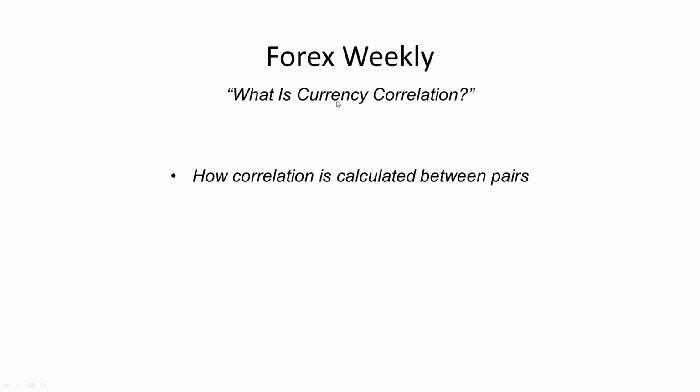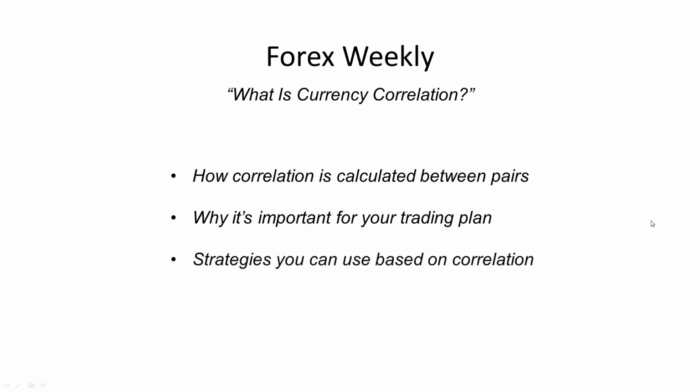But we're going to be looking at the correlation between actual pairs and why it's important to your trading plan. It's going to be very simple. At the end of this, you'll see it only takes a quick glance at something or just remembering a few things that you might want to take notes on, and it can make a big difference.